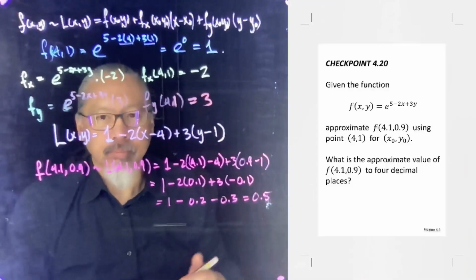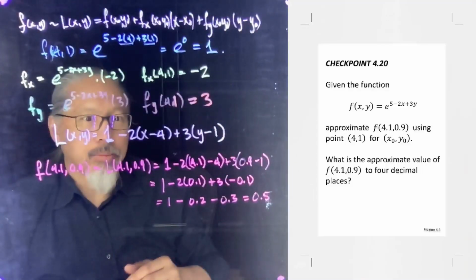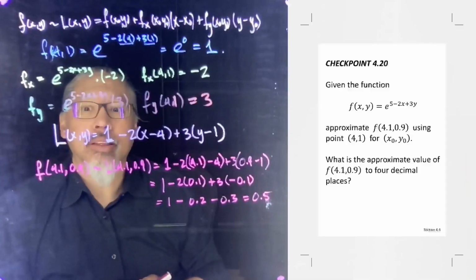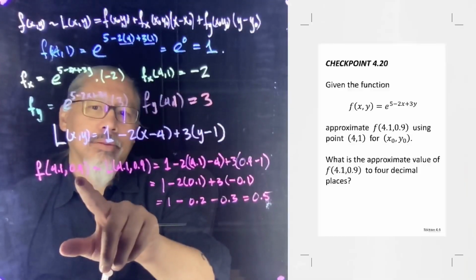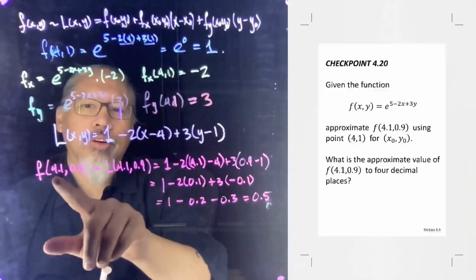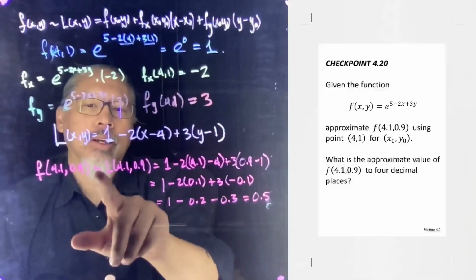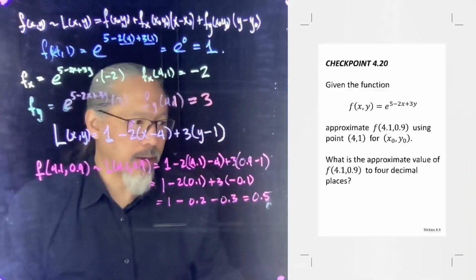Okay, so that is your approximation. We can say that f of 4.1, 0.9 is approximately equal to 1/2.